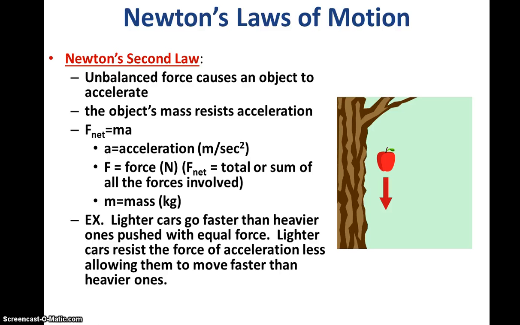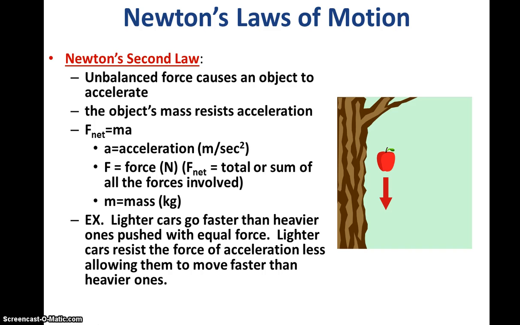Newton's second law is where he actually attached a mathematical relationship to how things might move. So as stated before, it will take an unbalanced force to cause an object to change its motion, to change its velocity, because that's what acceleration is, a change in velocity.